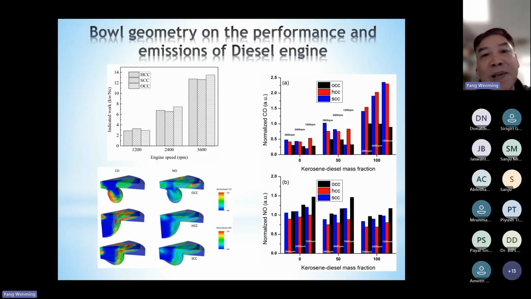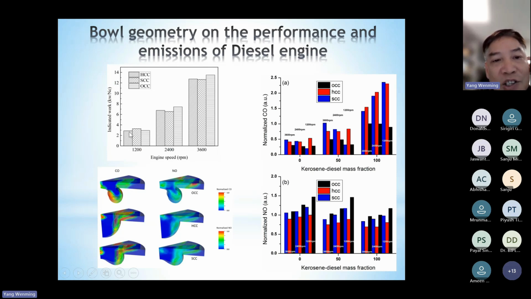Then we compare the power produced by these three different bowl geometry designs and also the major emissions produced by these three designs. Here we compare the indicated power. This can also be easily converted into indicated thermal efficiency, correct?